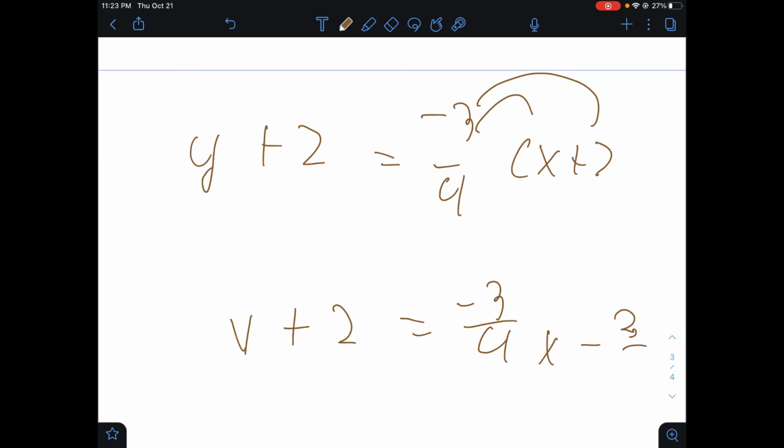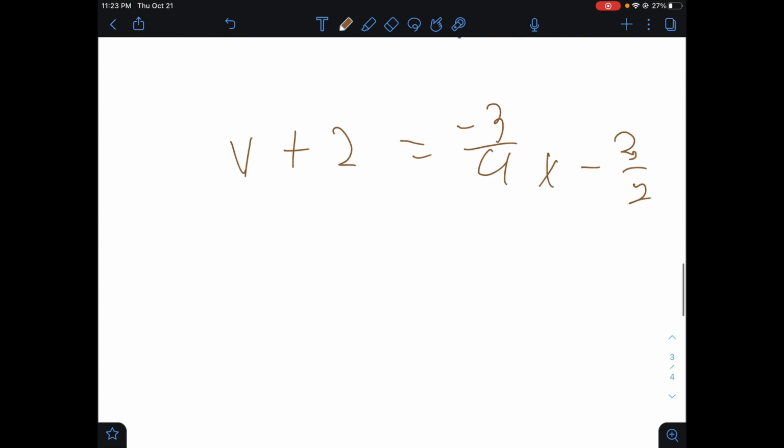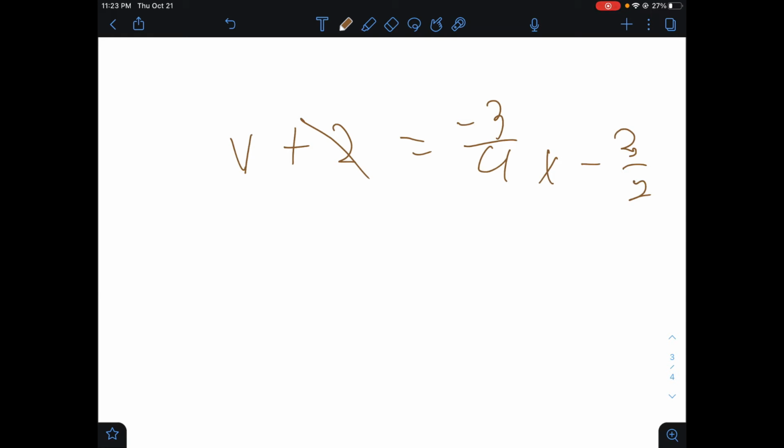And we're gonna simplify the answer, crossing out the things and adding them to the other side to leave the y alone. So we're gonna get y equals negative 3 over 4 x minus 7 over 2.